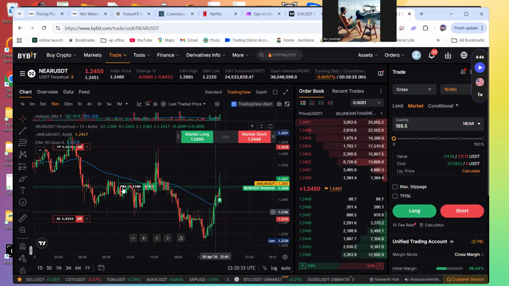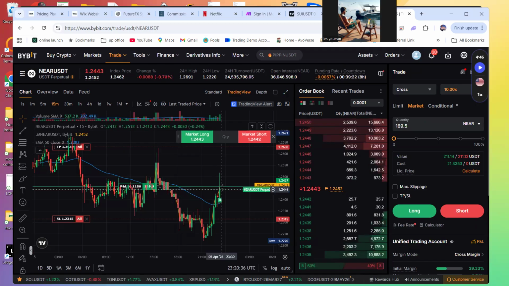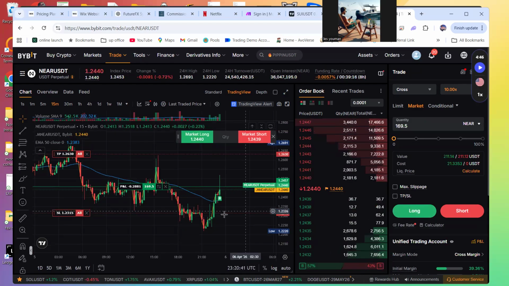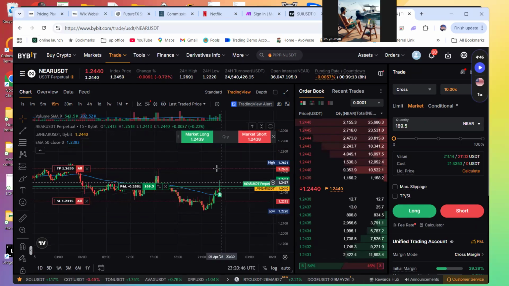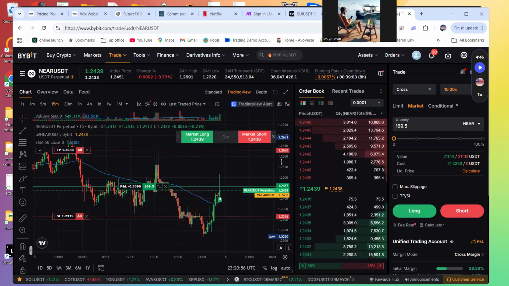So now right here, that's where we place the trade. This is our stop loss. And this is our take profit. And that's all we need to do.